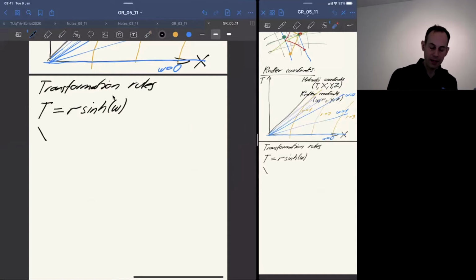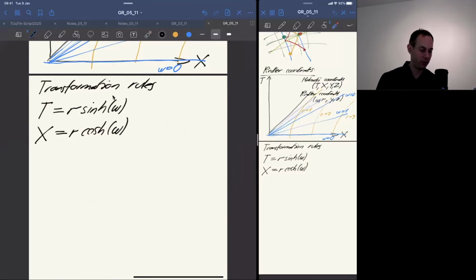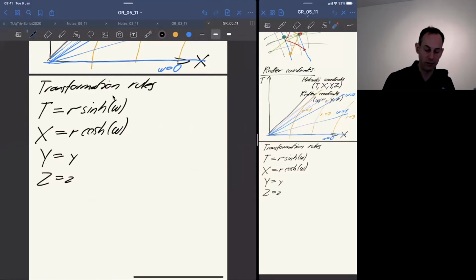So it's given by this formula. For the x, it's r times cosh of omega. We'll just call this cosh. And as I said, I will assume here that you know these functions. Otherwise, please read up on the properties of these hyperbolic functions.